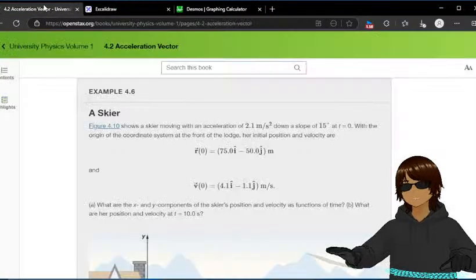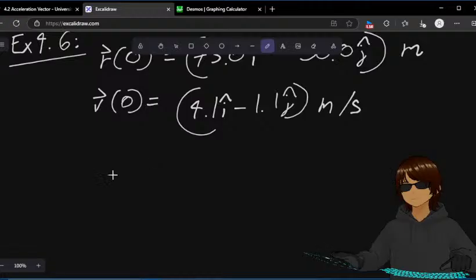So acceleration is constant, 2.1 meters per second squared.